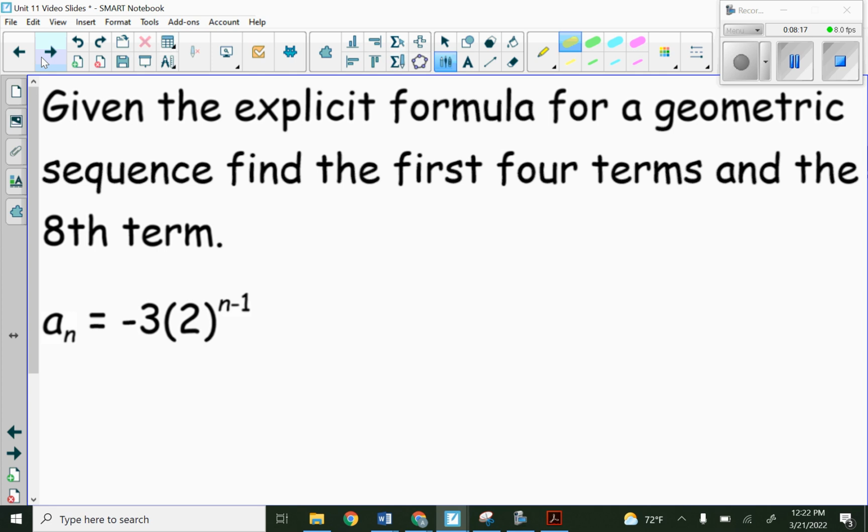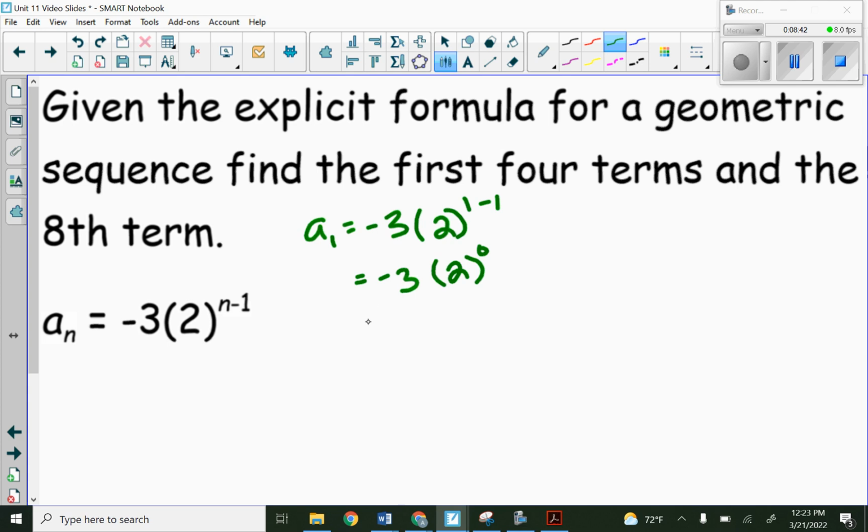So with these, now we're just plugging in. So for a sub 1, negative 3 times 2 to the 1 minus 1 power. From here, negative 3 times 2 to the 0 power.